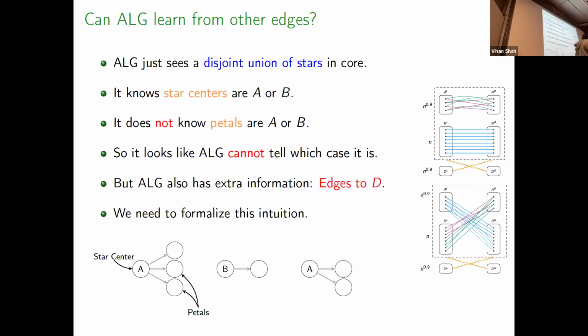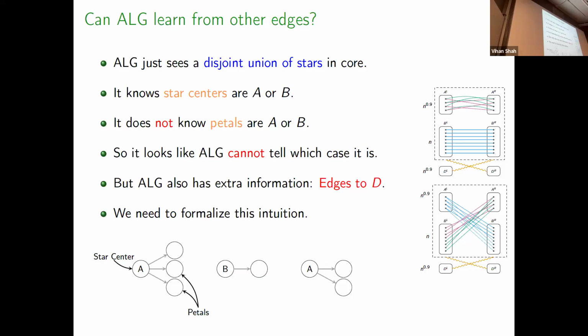So for a vertex, if I see a lot of edges going to D, then maybe it's a B vertex and not an A vertex. Because if it was an A vertex, maybe after making so many queries on it, I would have seen something over here and not here. So the algorithm can do crazy things. Maybe it doesn't just give up once it sees this.